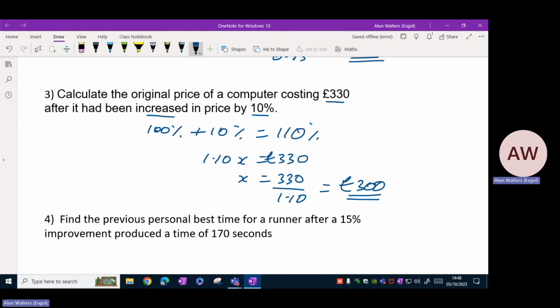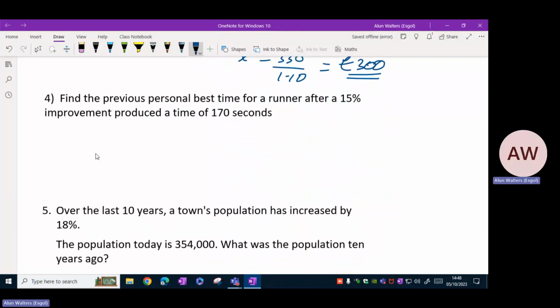The next question, pause the screen whenever you wish. The next question, a runner. So a runner is losing or is reducing his time by 15% because it's an improvement, so it's a reduction. Okay, if he was a thrower, he would improve by adding on the distance by 15%.